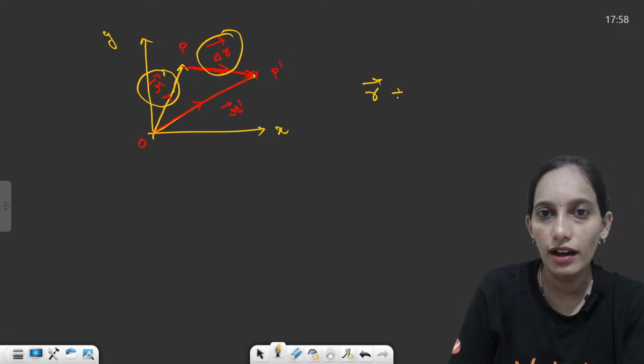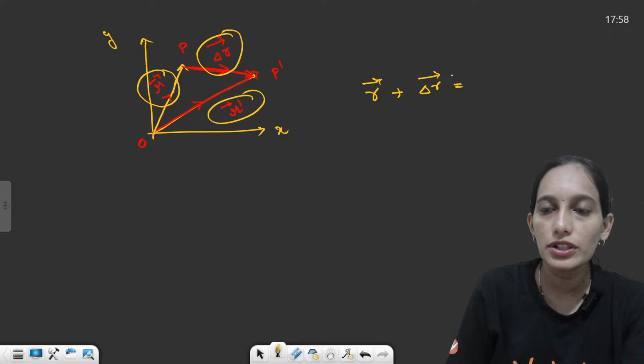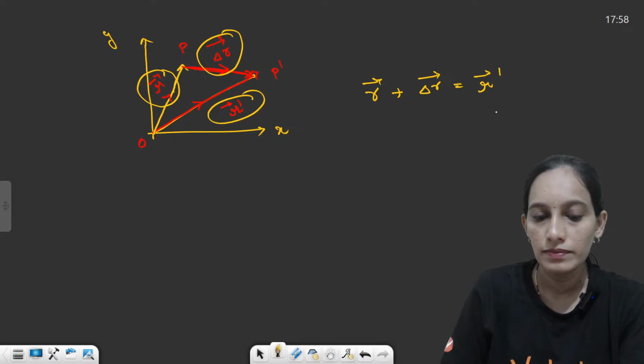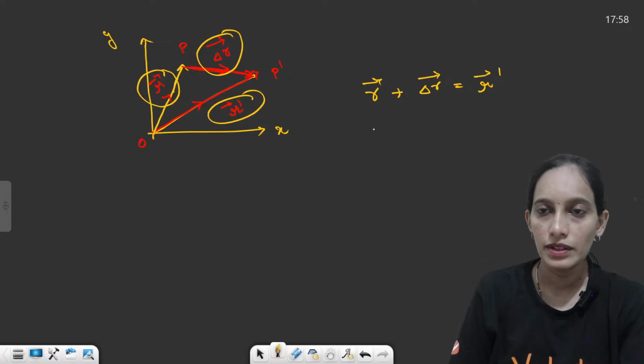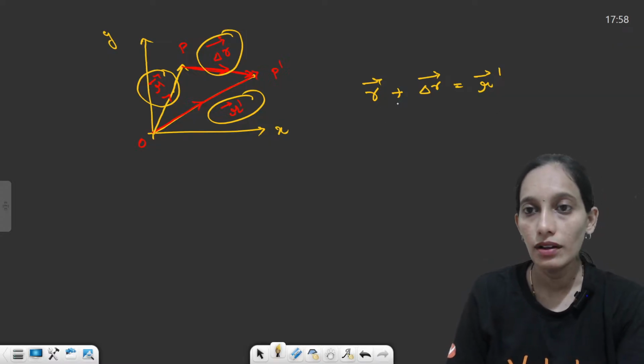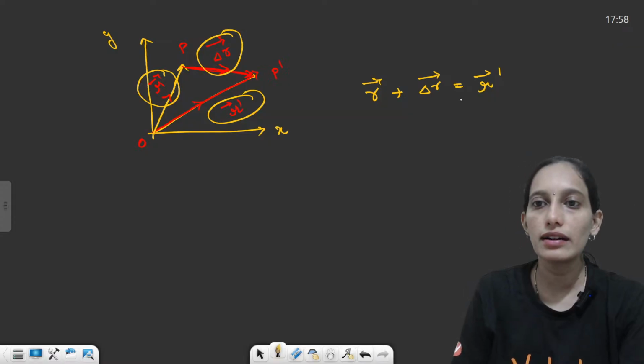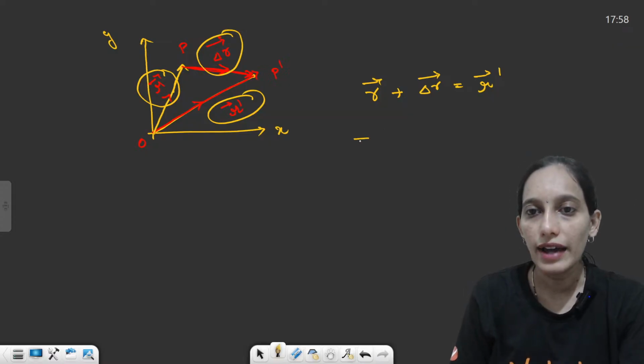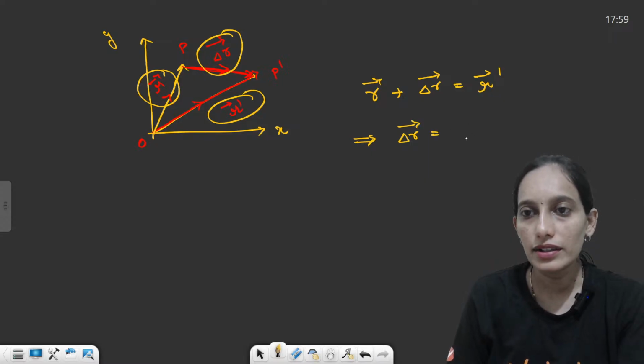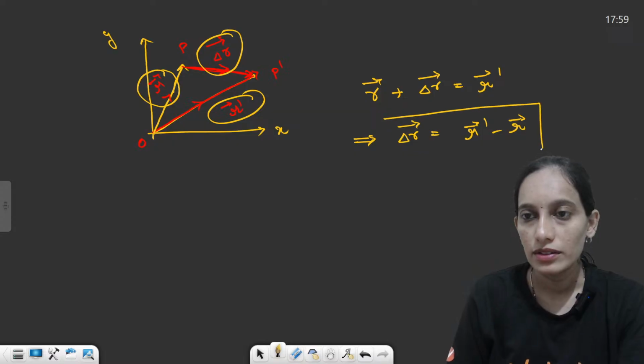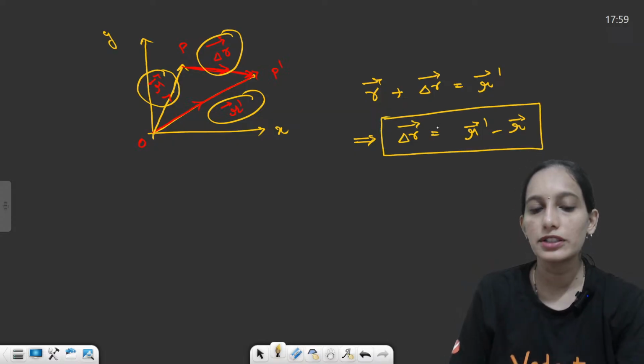I can say r vector plus delta r will be equal to r dash vector. Yes or no? I can write like that. r vector plus delta r is equal to r dash vector, or from here the displacement delta r is equal to r dash minus r. This is how we write down the displacement vectors.